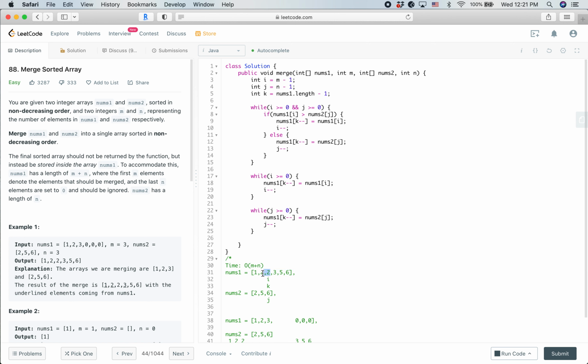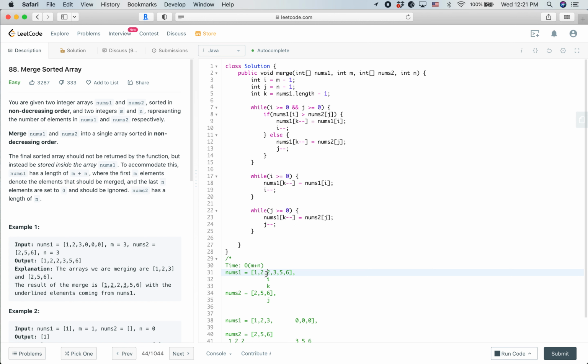2 being the last element in nums1, and 2 is not processed yet, which means all the numbers that are processed are solely from nums2. So 3, 5, 6 are the largest three numbers, and all of them are from nums2.